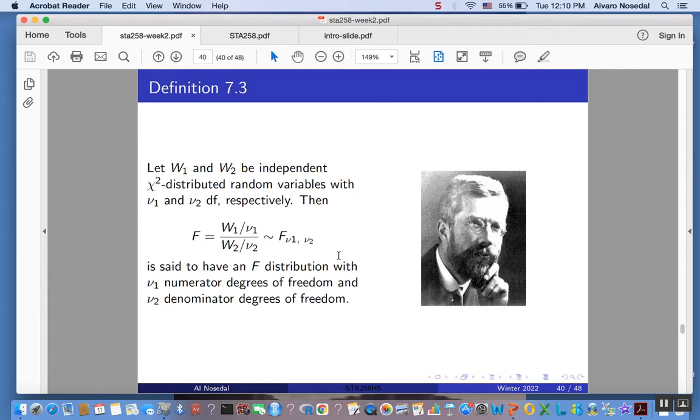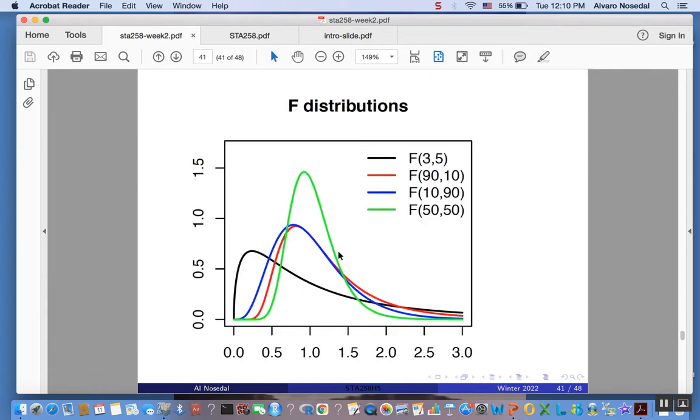Next, let me show you a few graphs of the PDFs of different F distributions. For instance, the black one is an F distribution with 3 degrees of freedom in the numerator and 5 degrees of freedom in the denominator. The green one, on the other hand, is an F distribution with 50 degrees of freedom in the numerator and 50 degrees of freedom in the denominator.